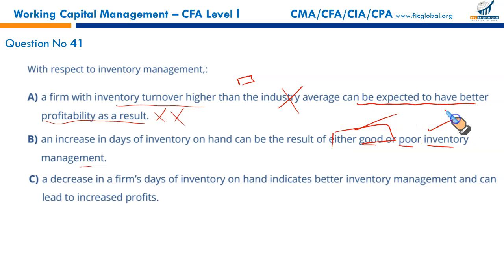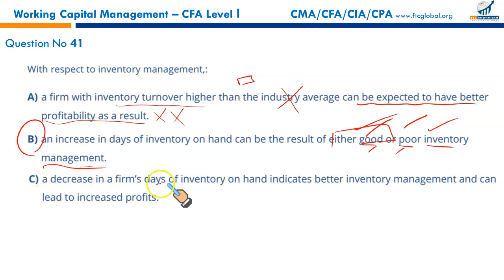Or it could be poor if you have stuffed lots of stock in your warehouses and the goods are not selling. There is lots of slow-moving inventory, obsolete stock that hasn't yet been written off. So it could be both good and poor depending upon the context. We just can't conclude whether inventory days being high or low is good or bad. It depends upon the context. So this could be a possible option.